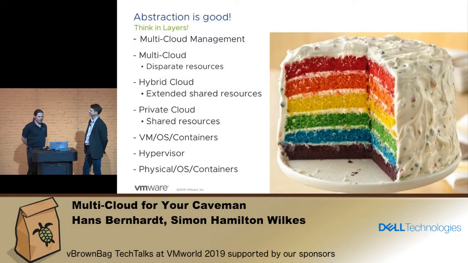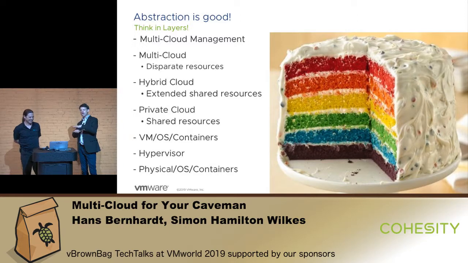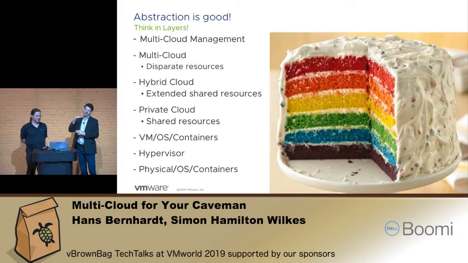Abstraction is good. Shall we start at the bottom? So the whole origination of VMware is abstraction. So back in the day, when Hans started at VMware, 19 years ago, the hypervisor came and you were abstracting from the hardware, and then as time has gone on, there's been abstraction from the networking layer, and abstraction from this, and abstraction from that, as we've put more automation layers in and other stuff.